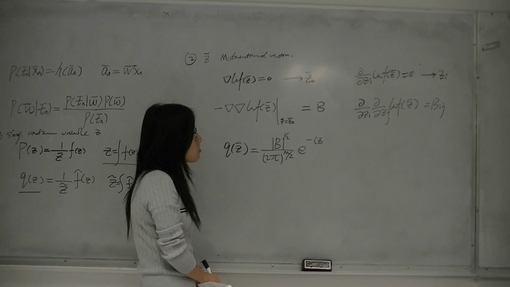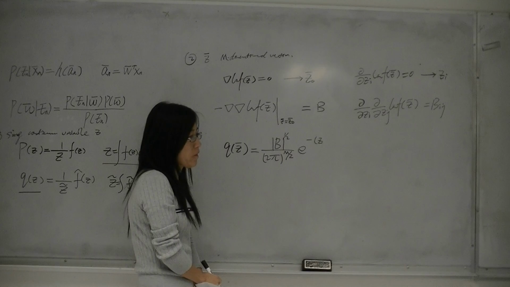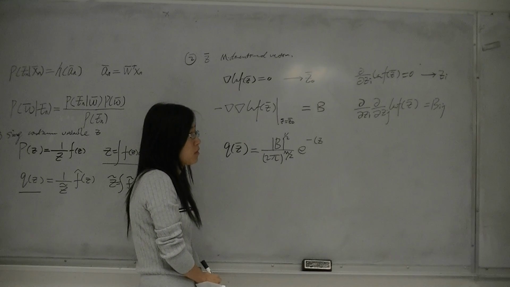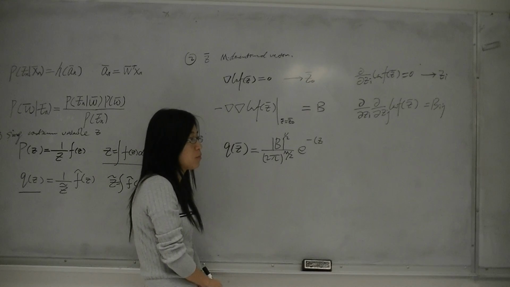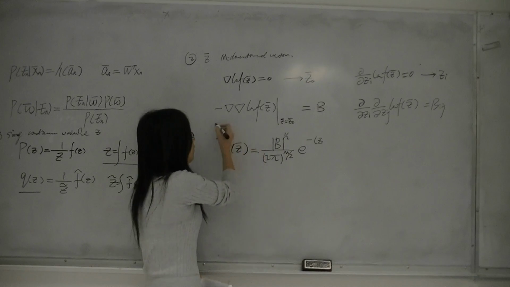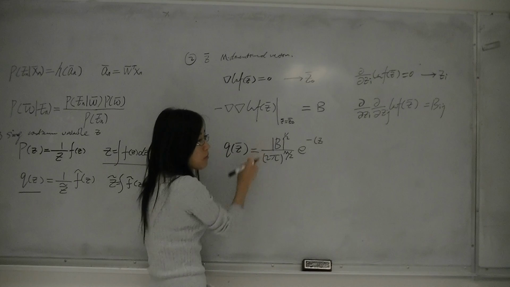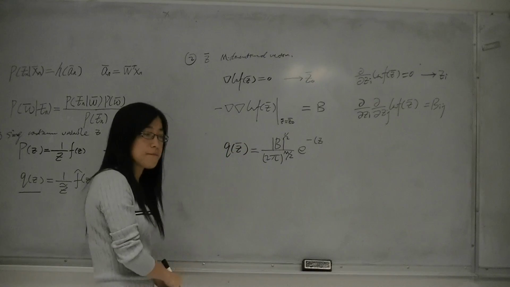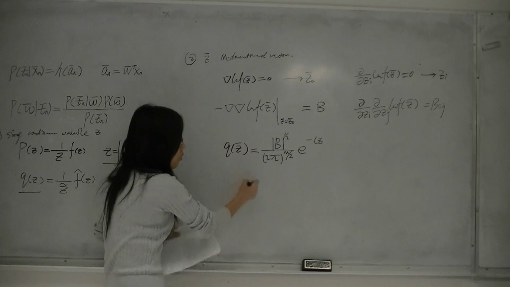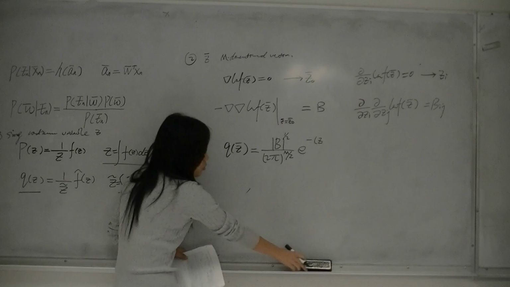So B is a matrix, and we use the capital B to denote a matrix. B is the precision matrix of the Gaussian distribution.